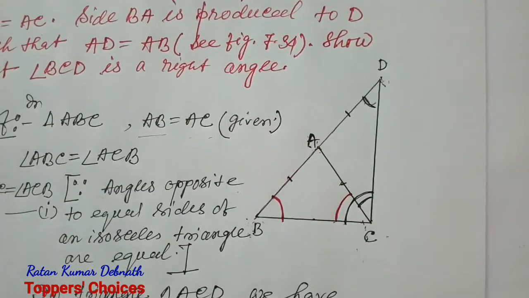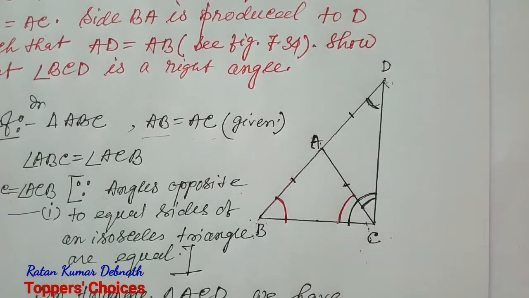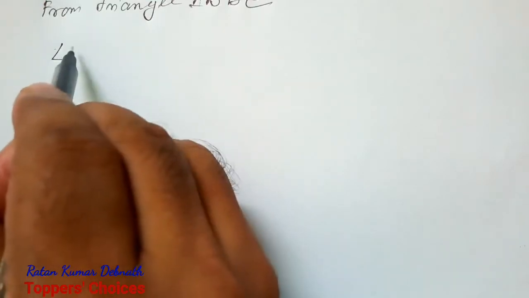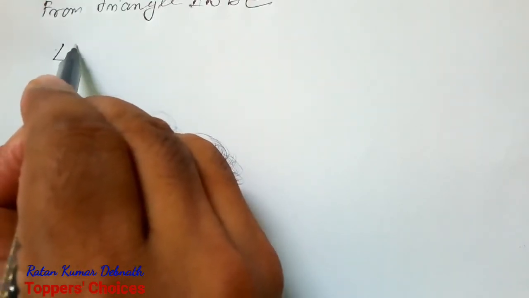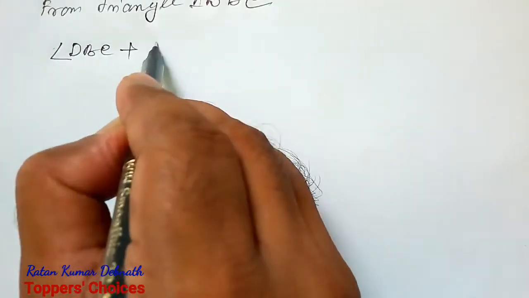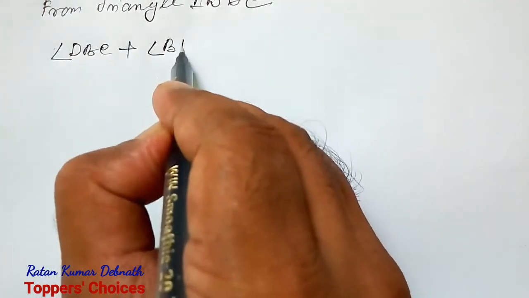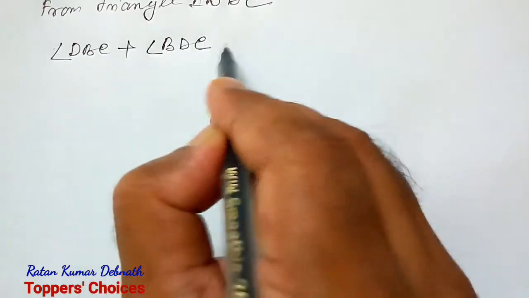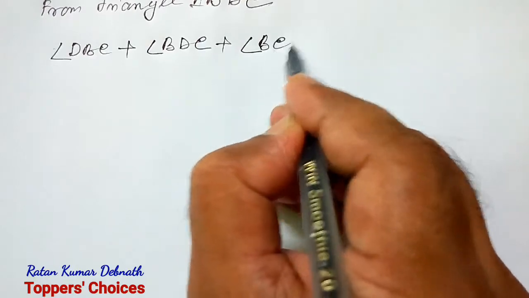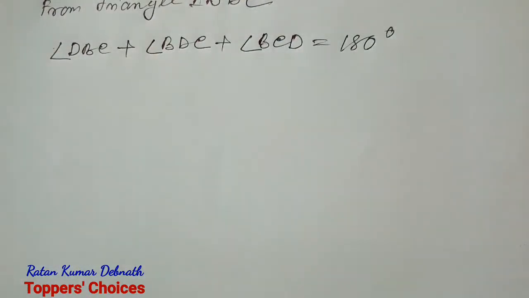Now from this big triangle BDC we get angle DBC plus angle BDC plus angle BCD equals 180 degrees.